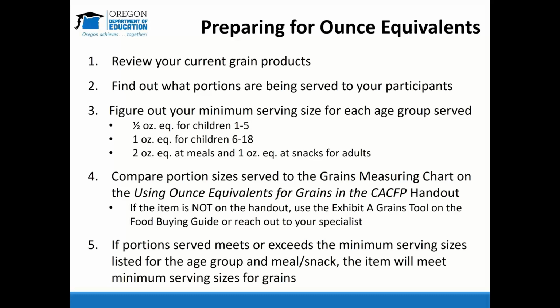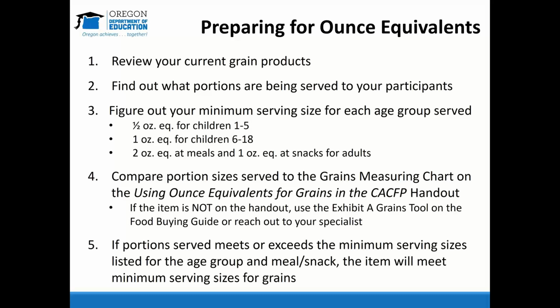So compare your portions to the grains measuring chart on our Using Ounce Equivalents for Grains handout. And if your item is not on the handout, you can either use the Exhibit A's grains tool on the food buying guide, or you can reach out to your specialist if the item is not on either of those tools.